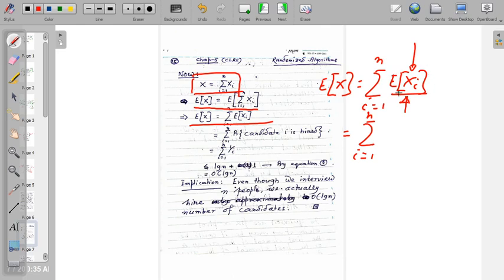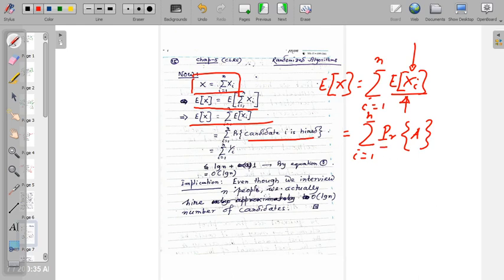This expectation of xi is related to the indicator random variable, so by lemma 1 it is nothing but the probability of event A happening. What is A? A is that the ith candidate is hired.